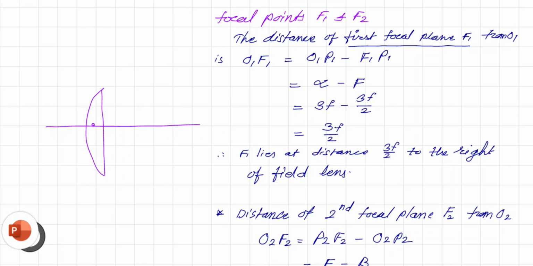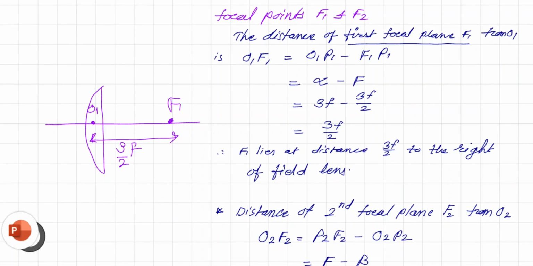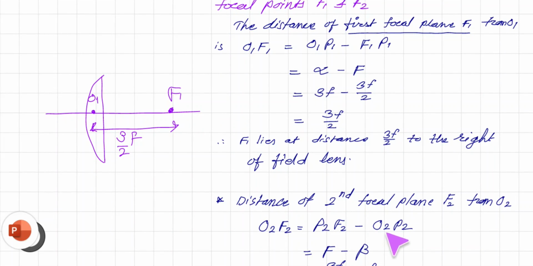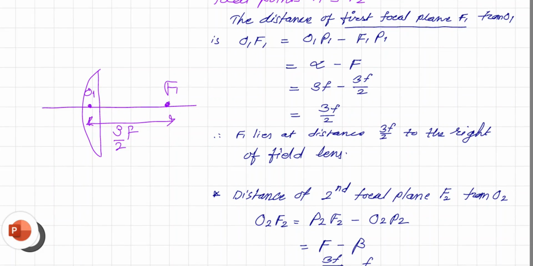So let us consider this is the optical center of the field lens, and when we talk about the first focal point f1, this is f1, this is O1, so this distance must be 3 by 2 f. That is the first focal point. Now the distance of the second focal point f2 from O2, that is O2 f2, is equal to P2 f2 minus O2 p2. We know that P2 f2 is equal to f minus beta.